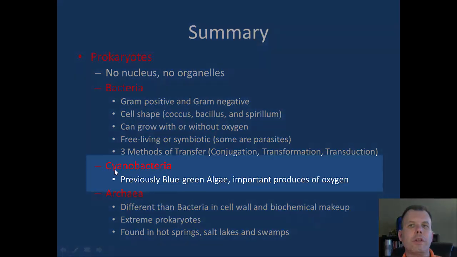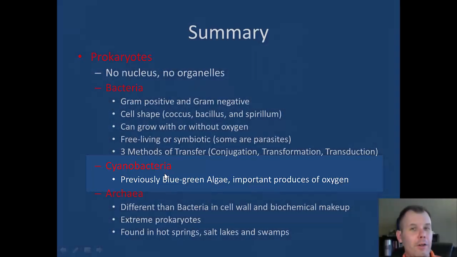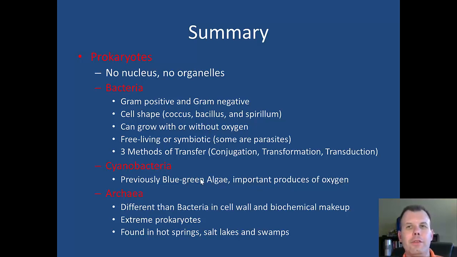And then we looked at the cyanobacteria very briefly. They used to be called the blue-green algae, but we now see that they're more like bacteria because, again, they lack the nucleus, they lack organelles, but they're very important in producing oxygen. They work like plant cells, make oxygen through photosynthesis, but again, they're more of a bacteria in this sense.